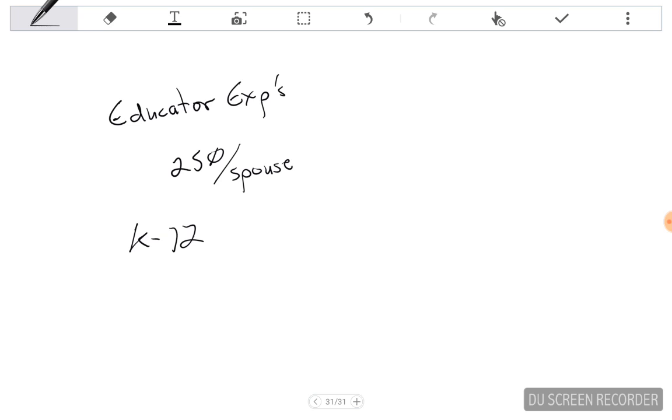So if one spouse spends $350 on educator stuff, and another spouse spends $100, well, the spouse who spent $350 can only deduct $250, and the spouse that spent $100 can only deduct $100. So you can't allocate. You can't cherry pick out of the 500, and you can't apportion it accordingly.